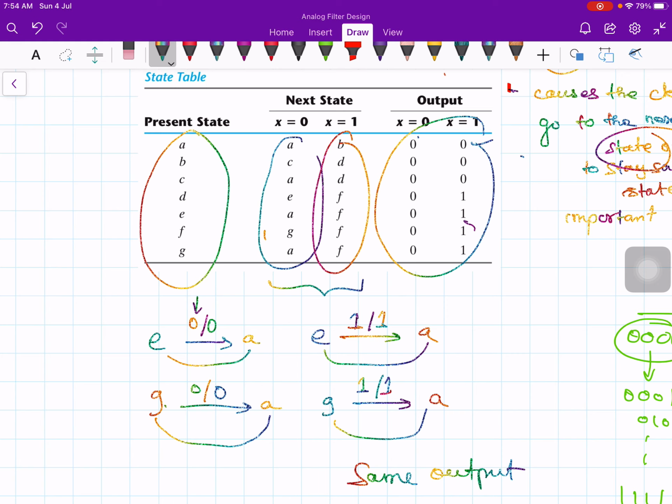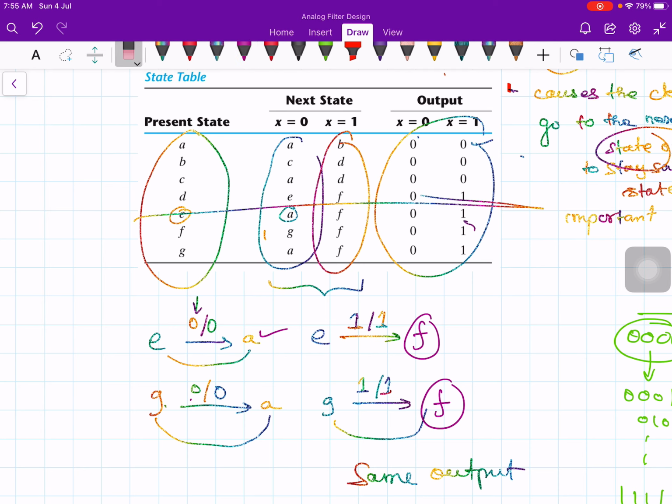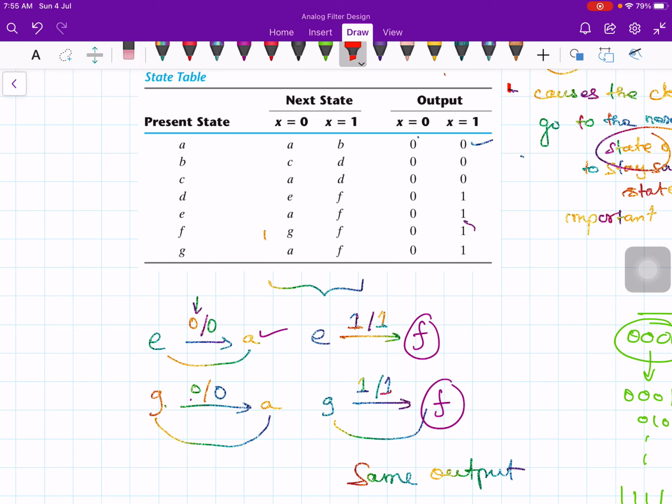Okay, so E and G both go to state A. This is E. I'm really sorry, this goes to F and this goes to F. When the input is 0, output is 0, it goes to A. When the input is 0, output is 0, it goes to A. And here also it goes to F and it goes to F. So therefore, one row can be erased. In this one, see E and G, any one row you can delete.